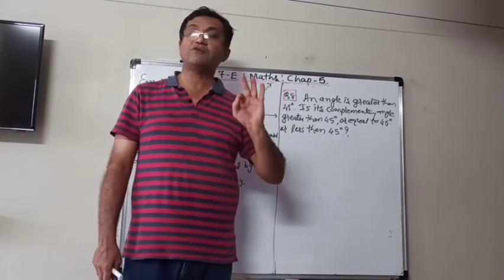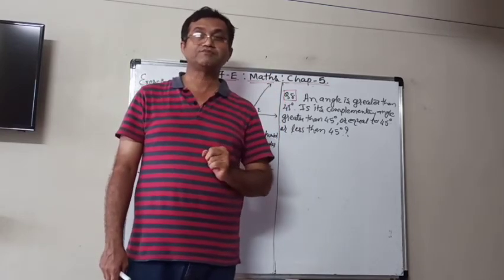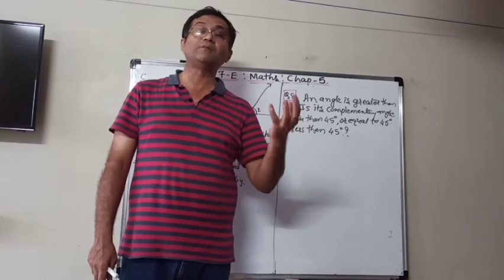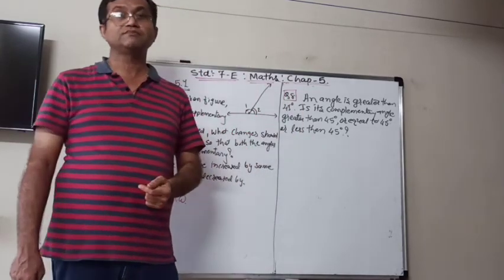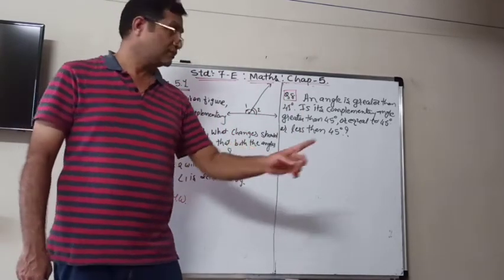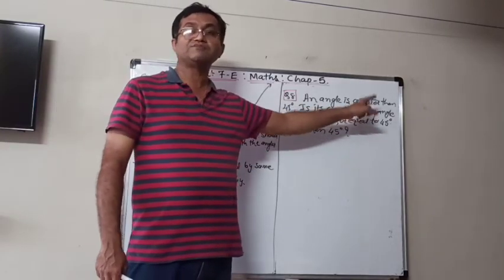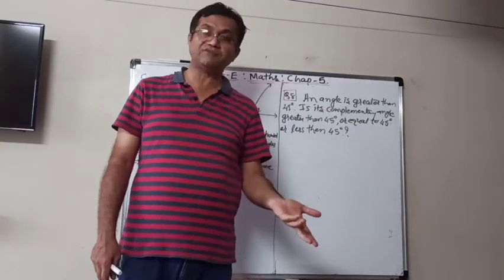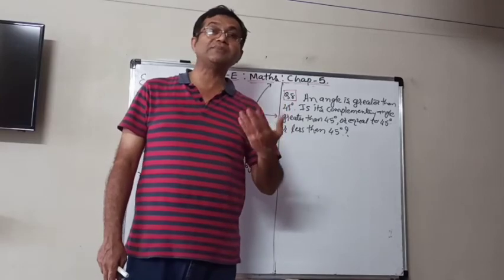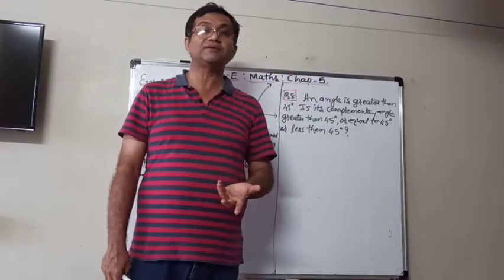So it cannot be 45 degree also. Even it cannot be more than 45 degree also, because if the another number is also greater than 45, then sum of them will be more than 90 already.